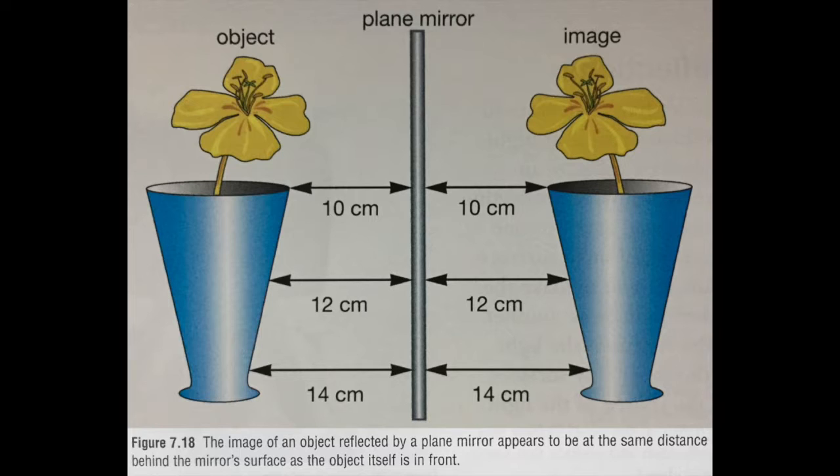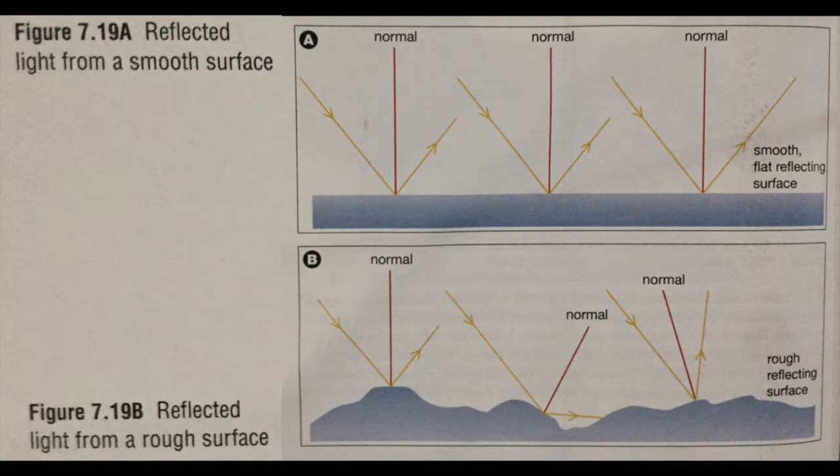7.18. The image of an object reflected by a plane mirror appears to be at the same distance behind the mirror surface as the object itself is in front. A smooth, flat, reflecting surface always produces an image that has the same size and shape as the object.